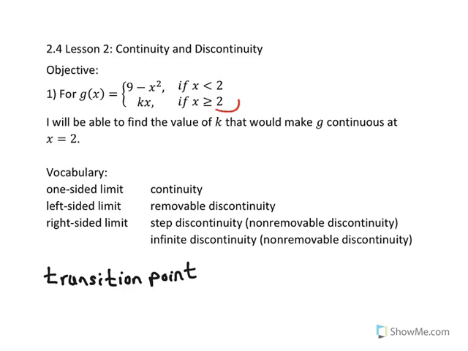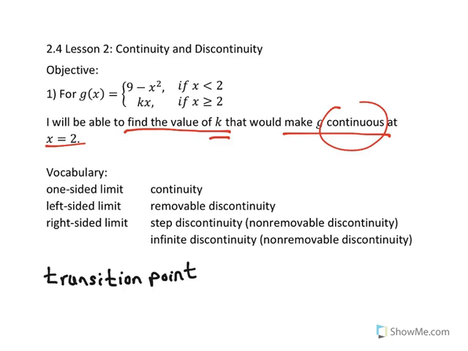So our objective for today is to find that particular value of k that would cause these two pieces to connect and cause the piecewise defined function to be continuous at the transition point x is equal to 2. So our objective is find the value of k that would make g continuous at x is equal to 2.